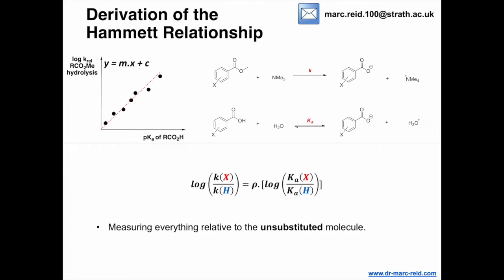That allows us to derive our equation still further to that shown in the centre of this slide. The logarithmic ratio on the right is defined as the Hammett substituent constant, sigma. This is the main form of the Hammett equation, or Hammett relationship.